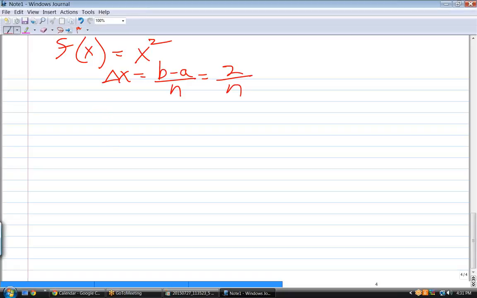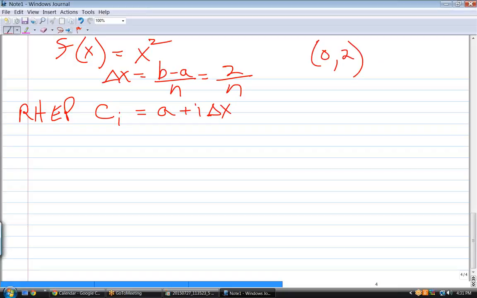And now let's talk about c sub i. For right hand endpoint, it's a plus i times delta x. Which we didn't establish an interval, did we yet? Or yeah, 0 to 2.